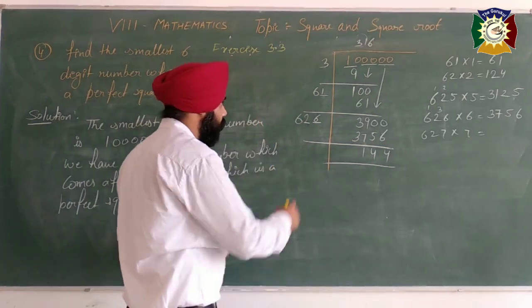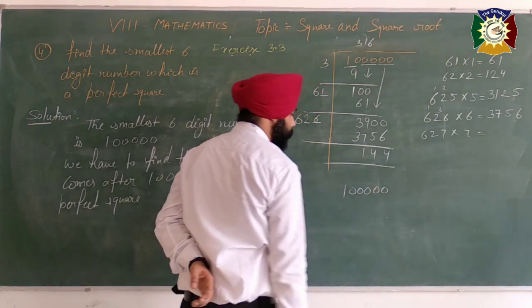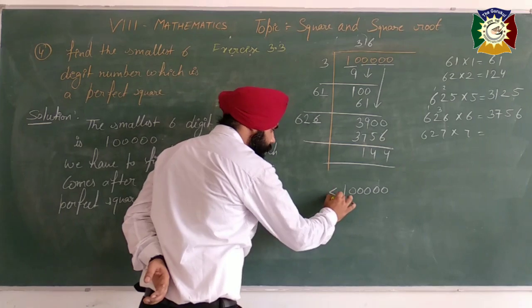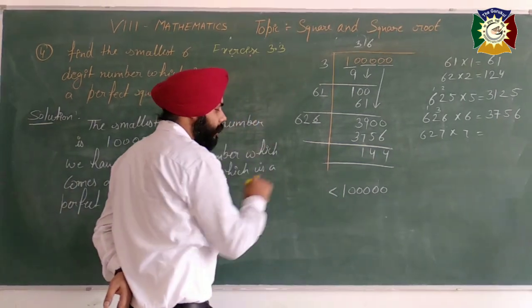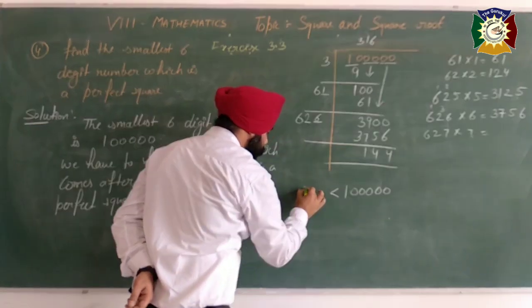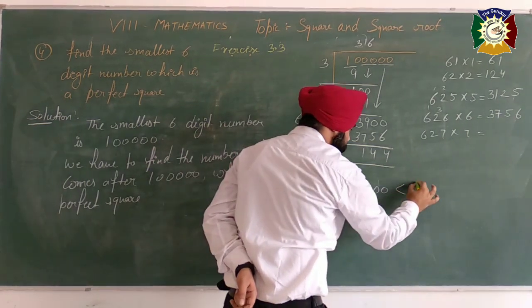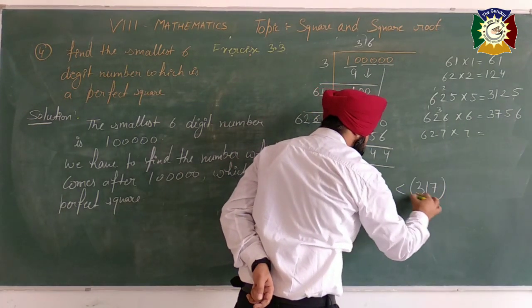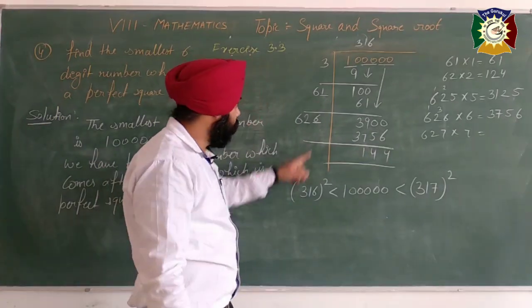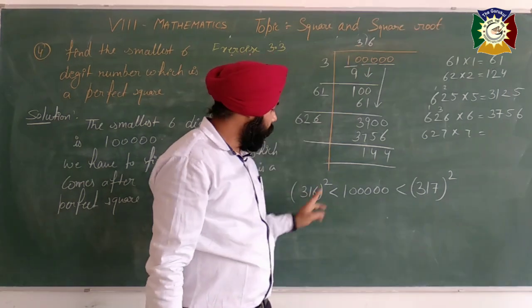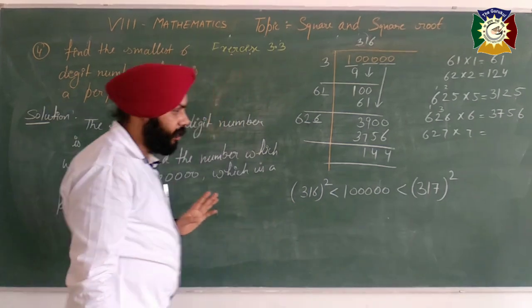So we can say this 6-digit number is not less than, but greater than the square of this number 316, that is our question, but less than the very next number 317. Or we can say this number is lying between this quotient square and the very next number of quotient, 317 square.